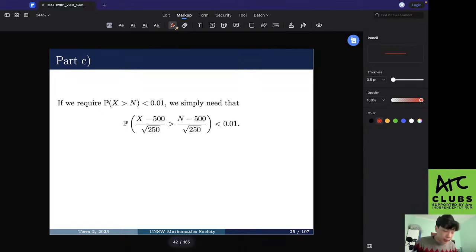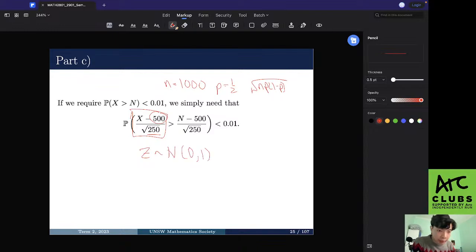Well, the first thing we do is we subtract np in this case, right? So n is equal to 1,000 and p is equal to half. So that gives us np of 500. And then in here we have root 250 to represent root np times 1 minus p. And we do that to both sides because that means that this term then becomes a normal distribution with mean 0 and standard deviation 1.